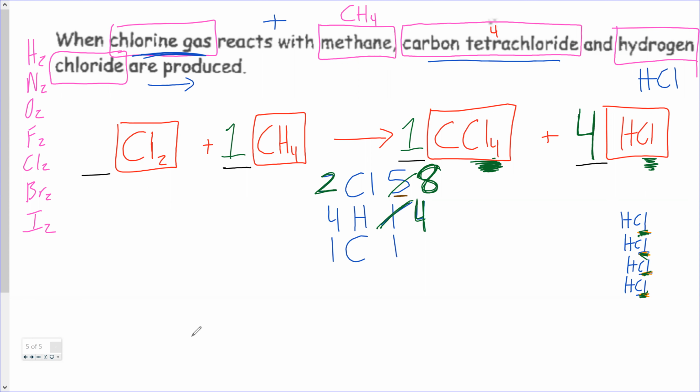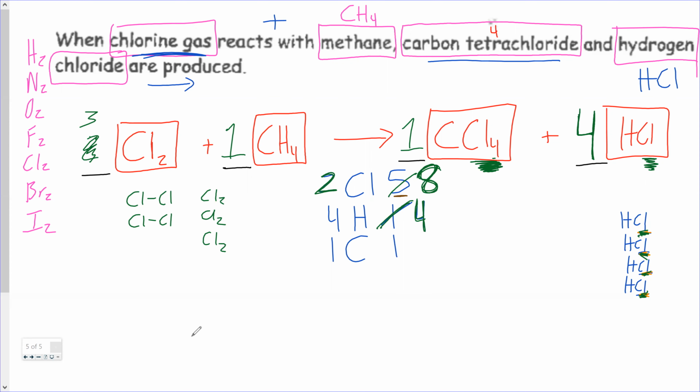Okay. So I have a chlorine, Cl2. Remember, it's just a twin, so there's 2 Cls right there. I need to get 8 of them though. They come as a set. If I put a 1 there, that's already what we got, Cl2. If I were to put a 2 there, that would be a Cl2 and another Cl2. If I put a 3 there, that would be another Cl2.